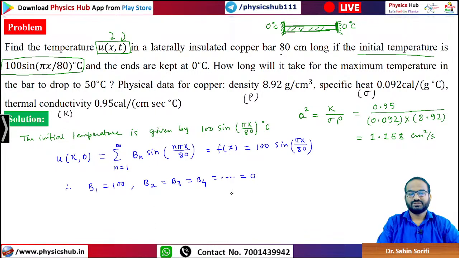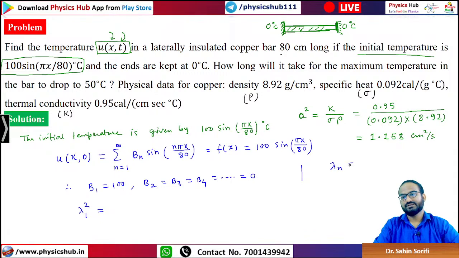Now to write the solution we need lambda 1, so n is equal to 1. So the corresponding lambda is lambda 1, and in the exponential part we had lambda n square, so it is lambda 1 square. So what was the value? If you remember, what was lambda n? Lambda n is equal to c n pi by L, right?